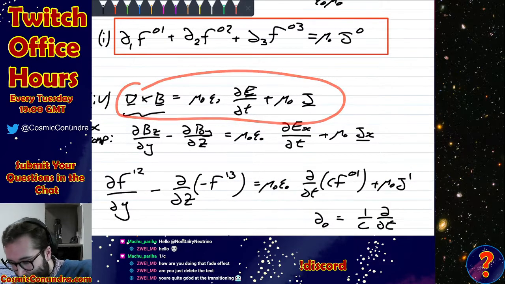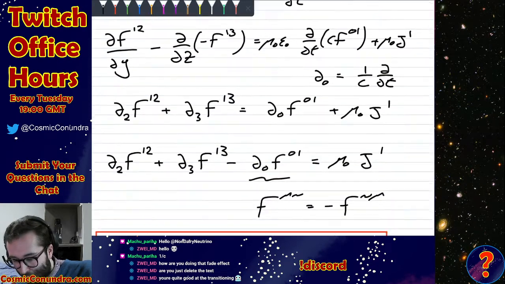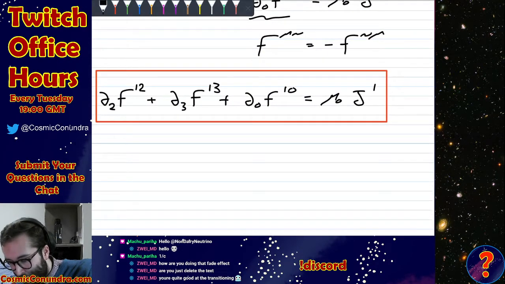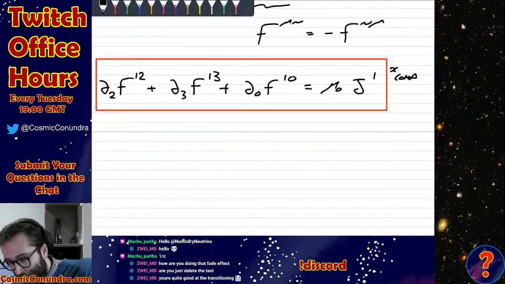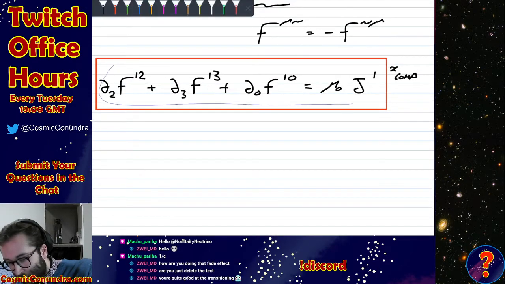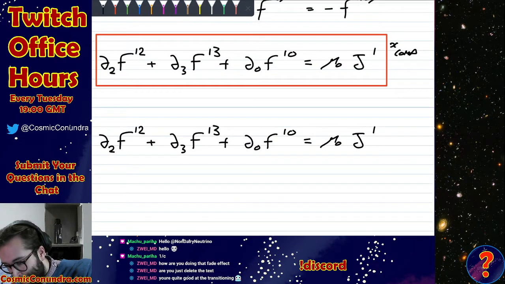Okay, but remember, this is only the x component. So the y component and the z component will also be present. We can also trivially write down the y component. Well, how trivial is it actually?